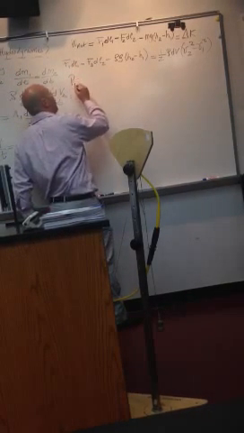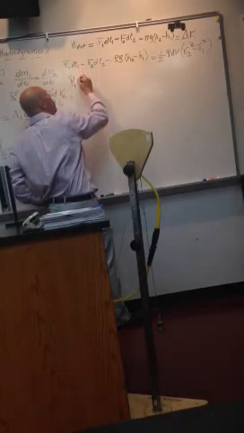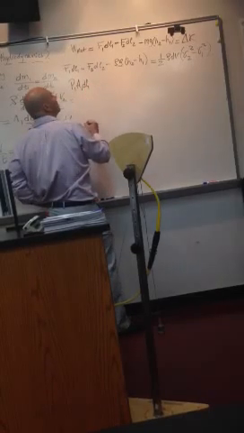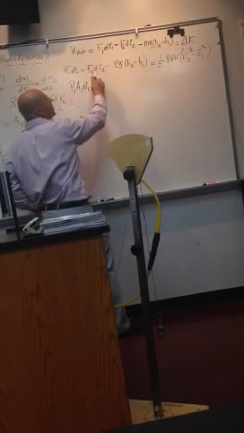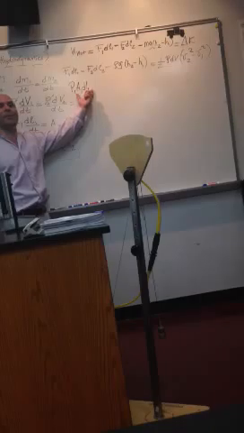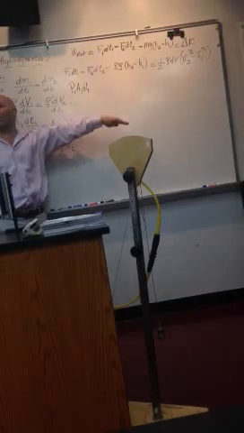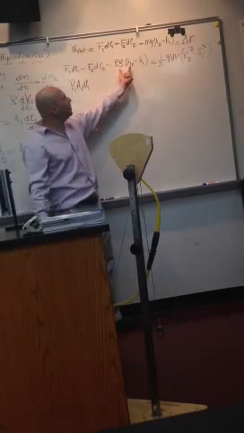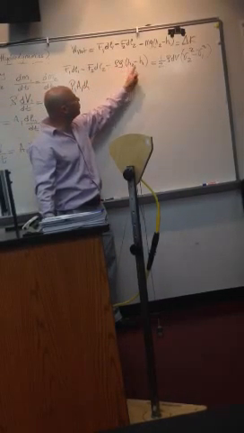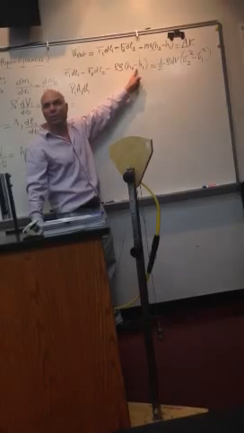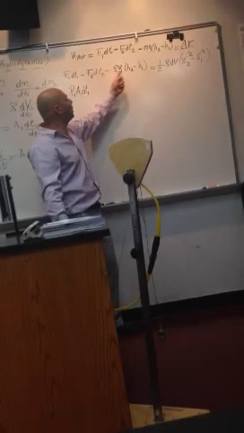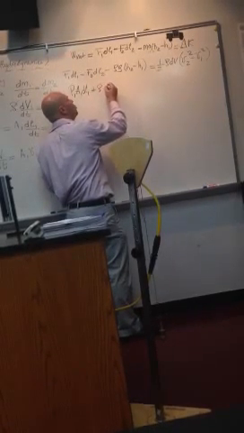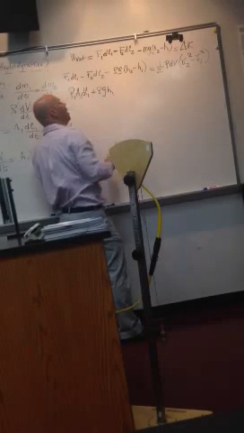So pressure 1 times area 1 times dl1. Plus, I will leave everything that has 1 here and move 2 to the other side. Minus and minus, can you see? So I can say plus rho g h1.